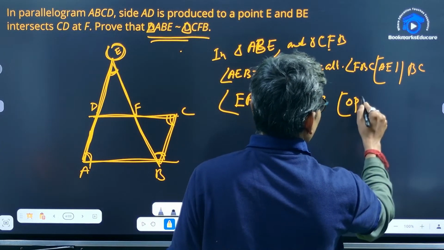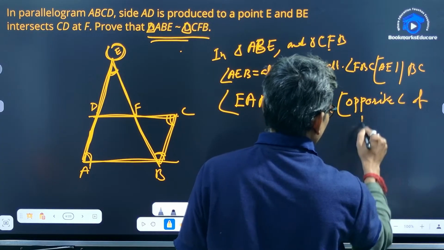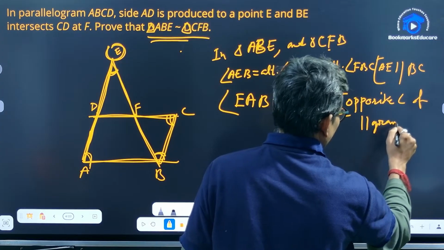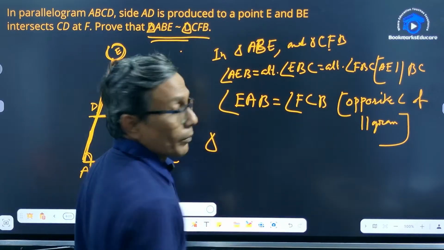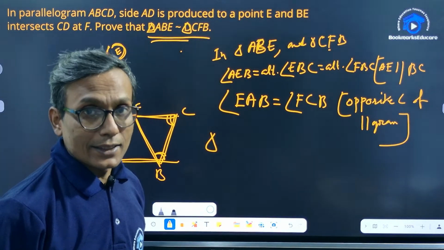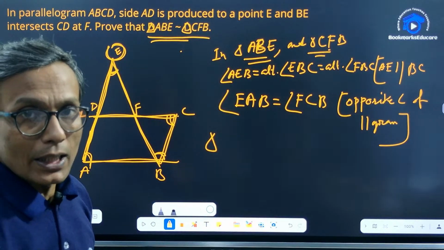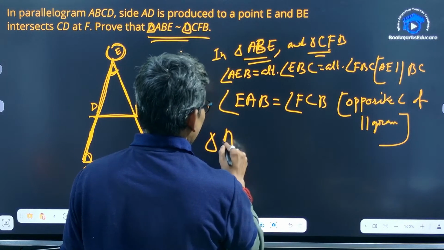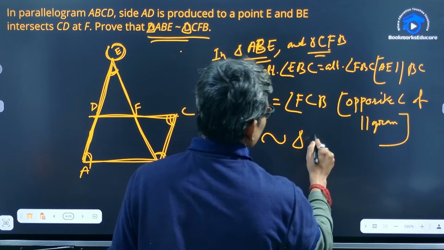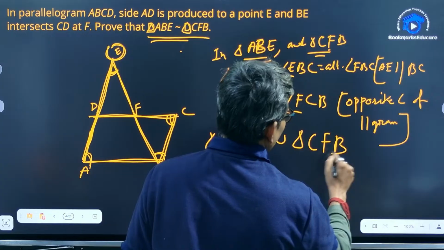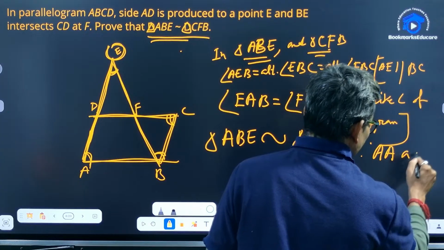So according to the angle axiom, these two triangles should be similar to each other. So triangle ABE is similar to triangle CFB according to the angle axiom.